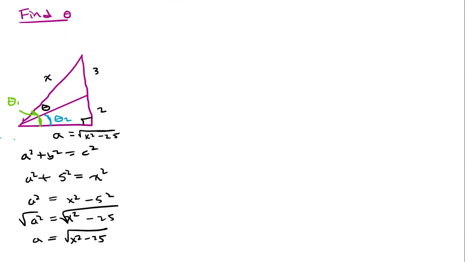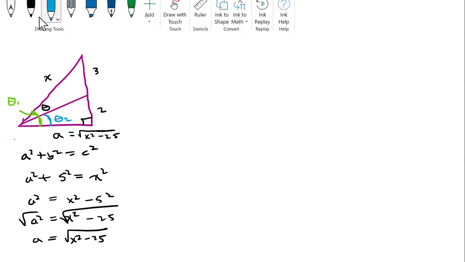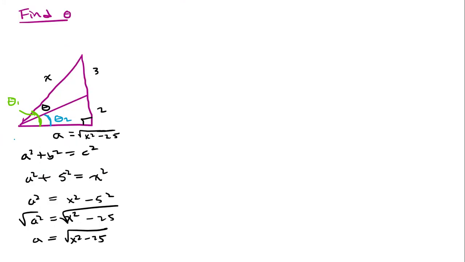Okay. All right, so for theta 1, we're going to have the tangent of theta 1, right? Remember, tangent is just opposite over adjacent. So that's going to give us 5, right? So this is our opposite.